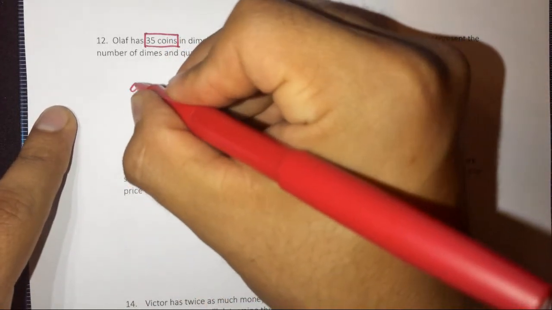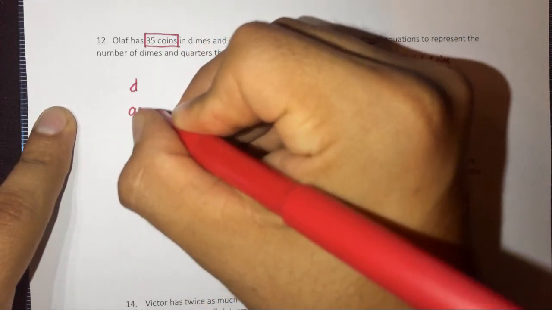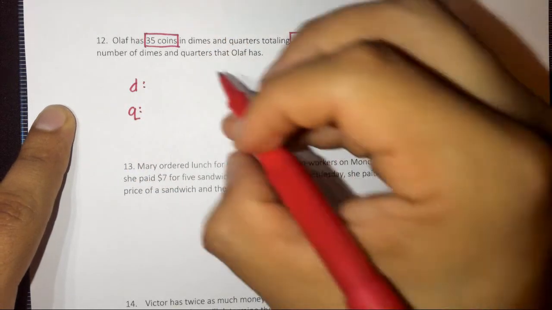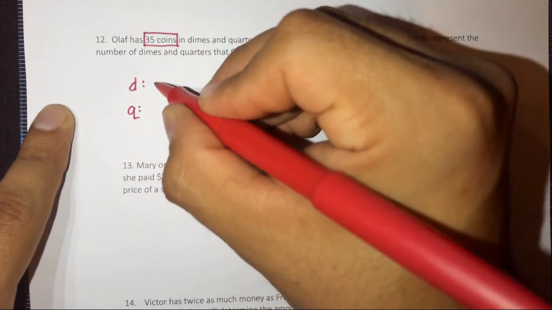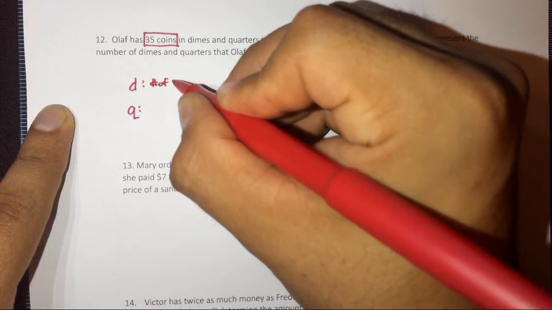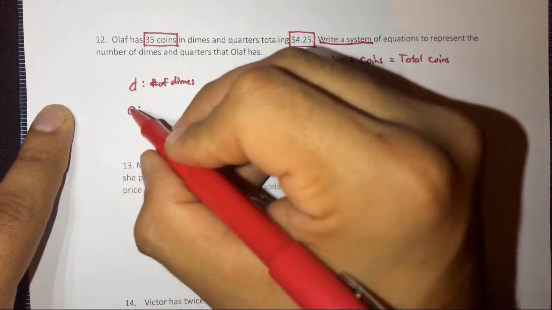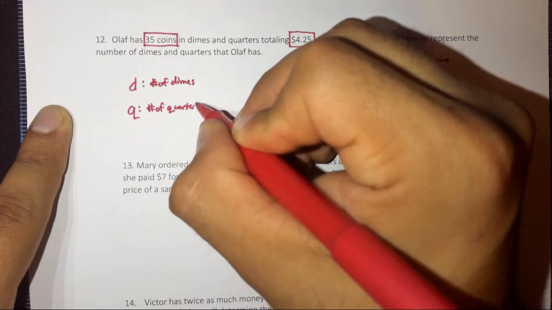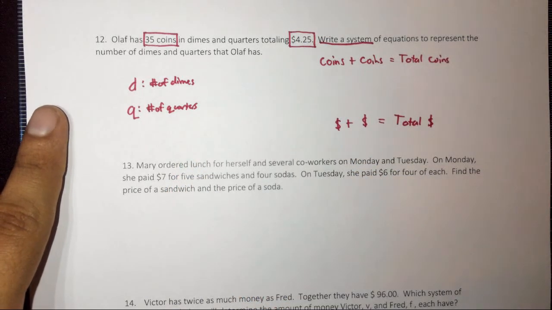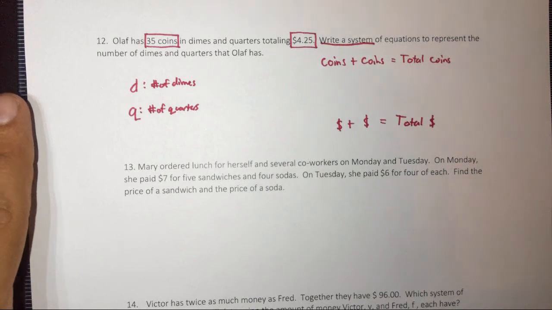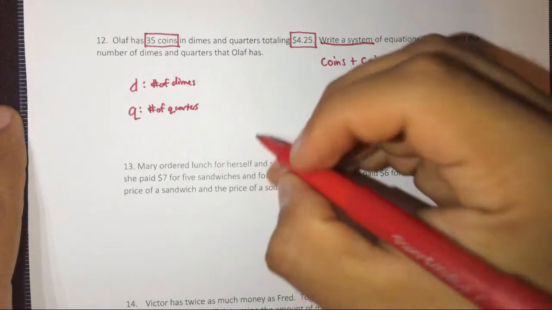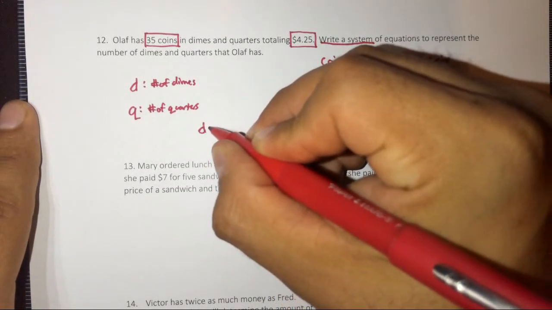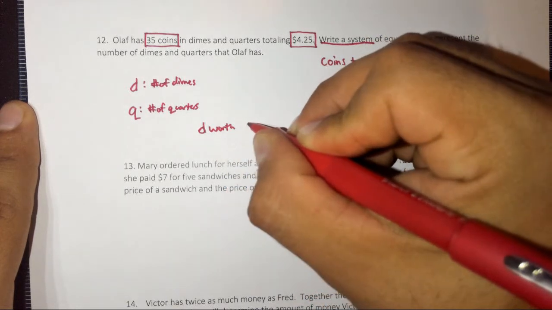Before we go any further, obviously we're talking about dimes and quarters. Let's go ahead and label our variables. D is going to represent the number of dimes. Q is going to represent the number of quarters. And just one other quick bit of information is that dimes are worth 10 cents.